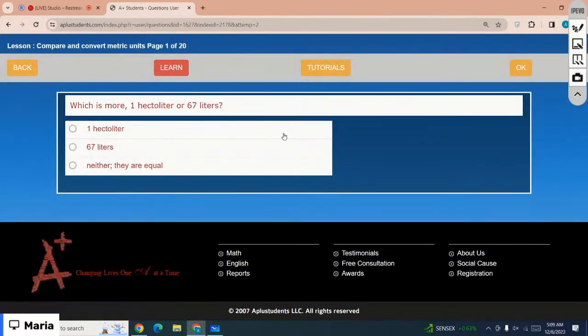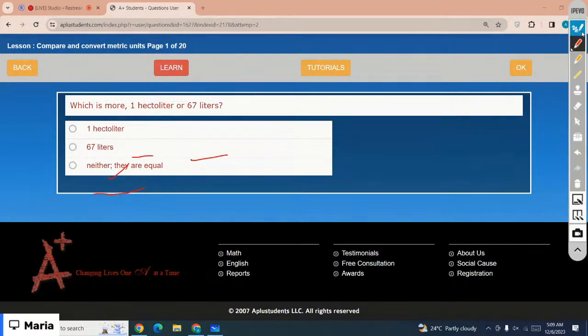So first you have to convert them from hectoliters to liters and then compare. 1 hectoliter equals 100 liters.